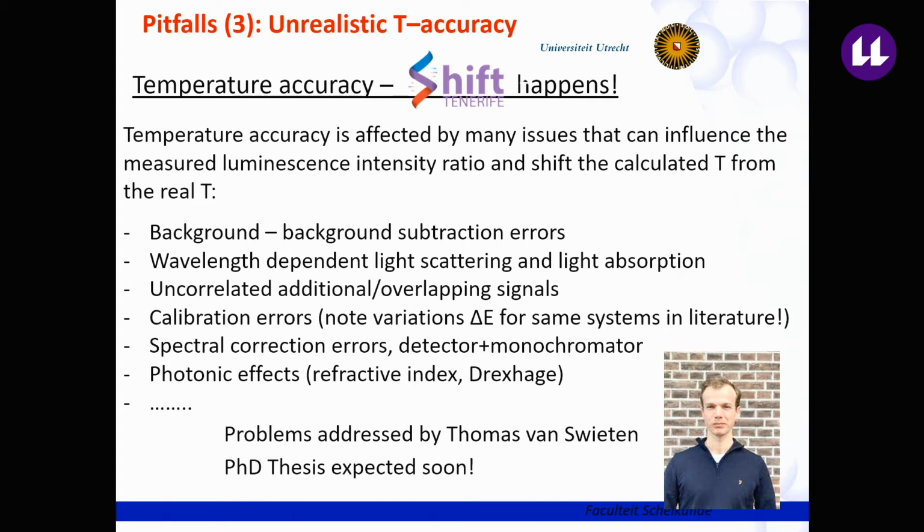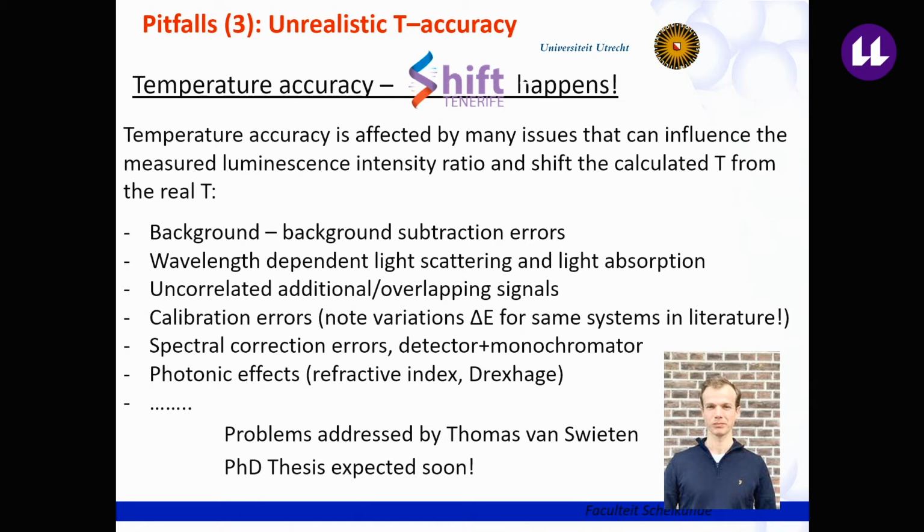Temperature accuracy is nice, but shifts happen. And those shifts can be due to all kinds of factors. The background I already mentioned, but also wavelength-dependent light scattering and light absorption are crucial. When you have a material that you develop and you put it in your sample holder in the lab, in the spectrometer, you get very beautiful spectra, everything looks beautiful, but then you put it in a biological system.